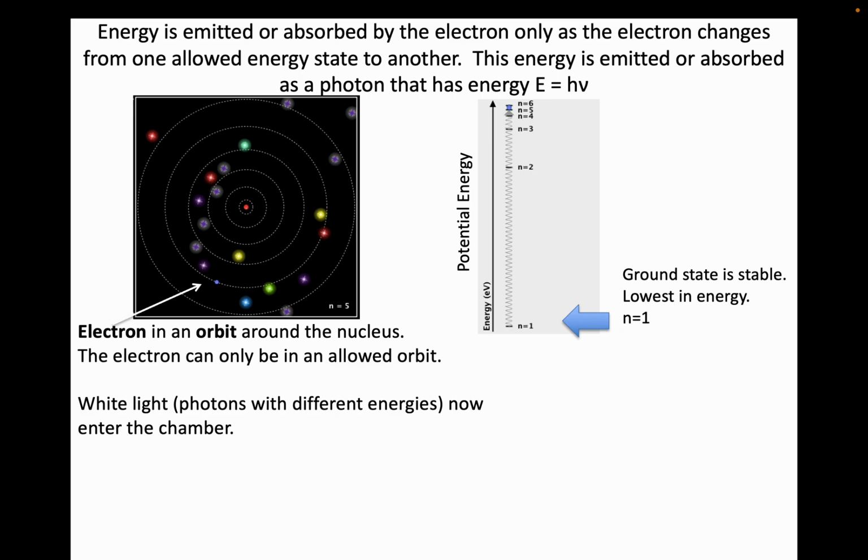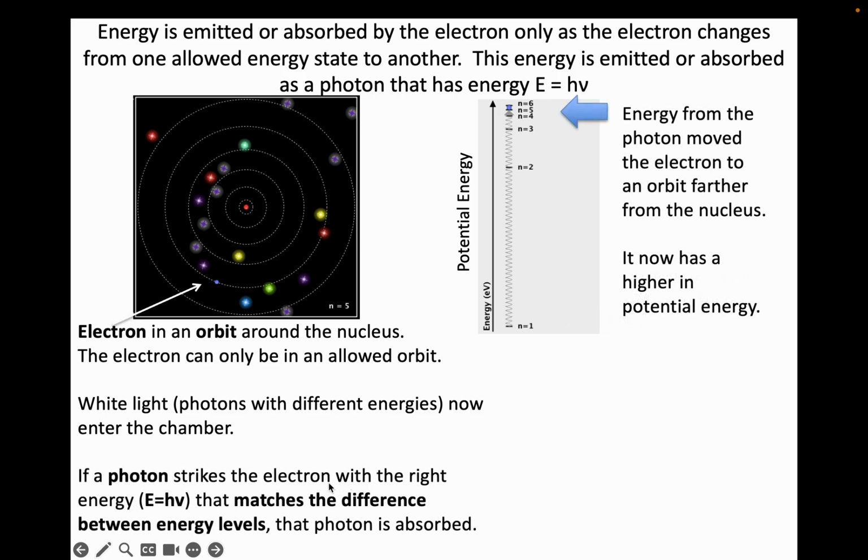Here I'll put into words those same ideas. The electron is in an orbit around the nucleus. We can direct white light, a lot of different photons, into the chamber. It initially begins at n equals 1. That was our ground state, lowest in energy. If a photon strikes the electron, it will transfer energy to the electron if it matches the difference between the energy levels.